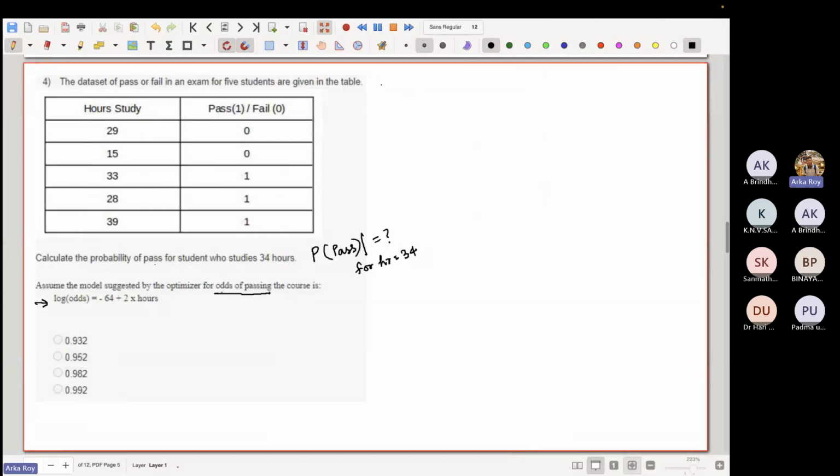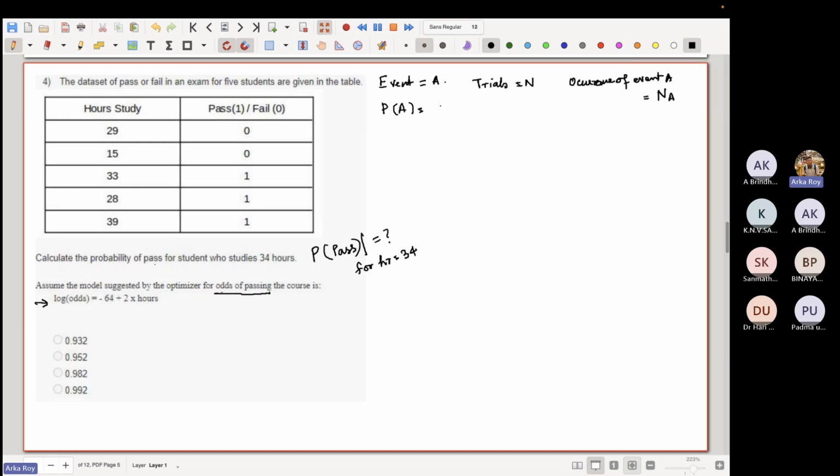Let me just define some basic nomenclature. Let's say you have an event A, and you have n number of trials, and the occurrence of event A is, let's say, Na times.